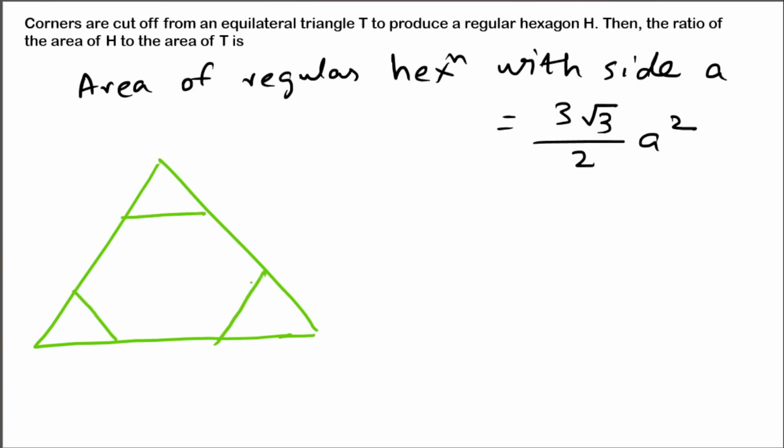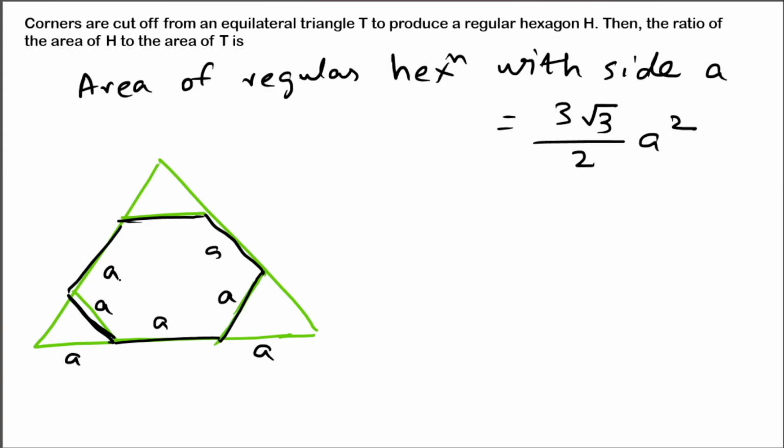Let us say this particular length was a, and because we had cut it, this length would also need to be a, and this length would also need to be a, and this length would also be a, right? So all of these lengths are a.